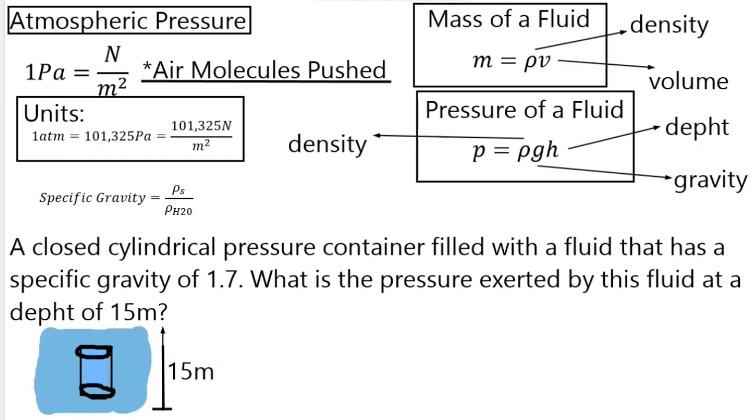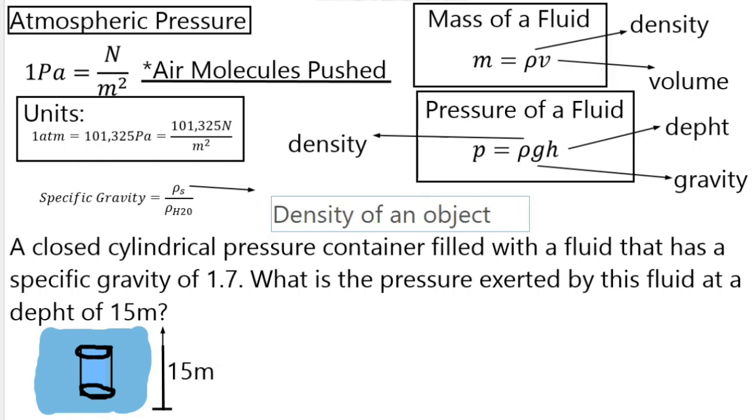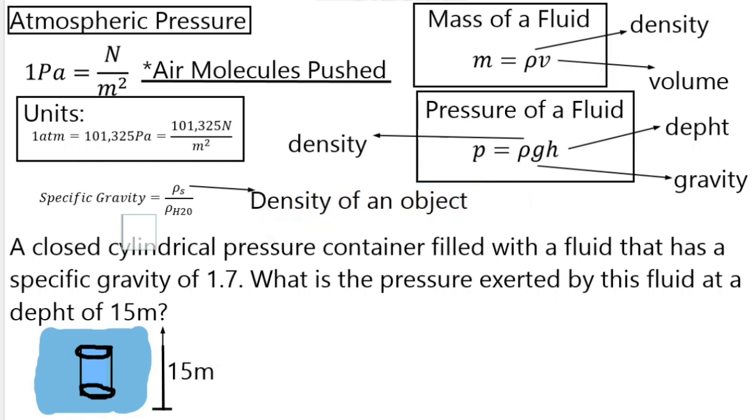A closed cylindrical pressure container is filled with a fluid that has a specific gravity of 1.7. What is the pressure exerted by this fluid at a depth of 15 meters? We're going to introduce a new formula: specific gravity is equal to the density of the object divided by the density of the water. Specific gravity is basically defined as the density of something relative to the density of another.